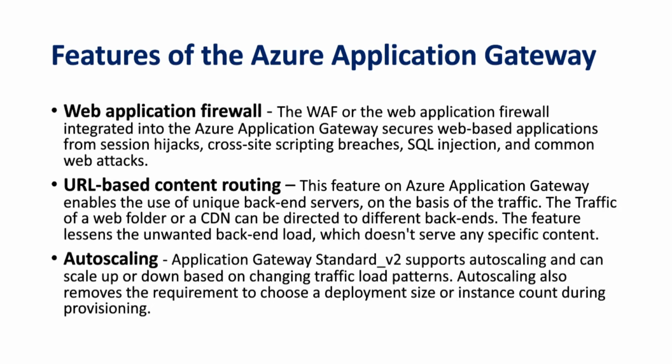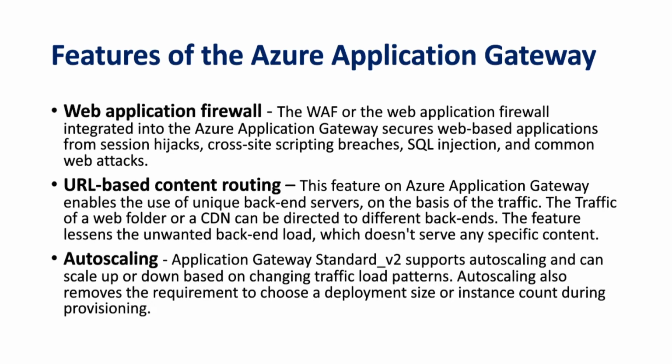Then we have URL based content routing, which we have already seen. This feature on Azure Application Gateway enables the use of unique backend servers on the basis of traffic. So the traffic of a web folder or a CDN can be directed to different backends. The feature lessens the unwanted backend load. Suppose we want to process requests to a particular set of pools, and we are not using URL based content routing.